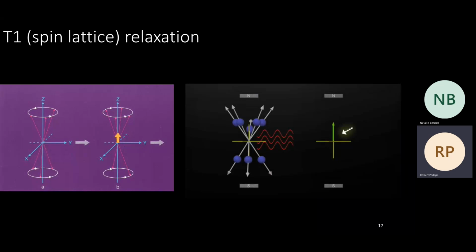So when we stop radio frequency, those energized protons which flipped in the antiparallel direction go back to their original position, and the longitudinal magnetization starts to rise.